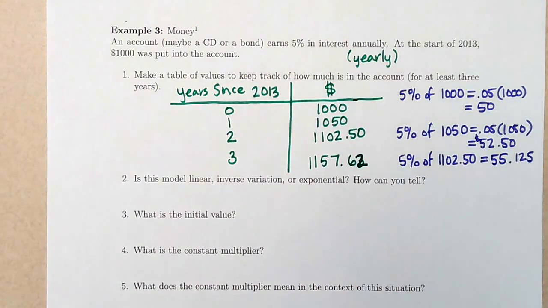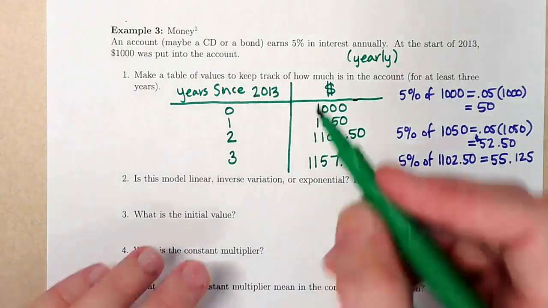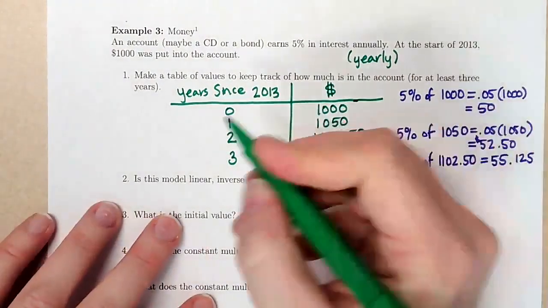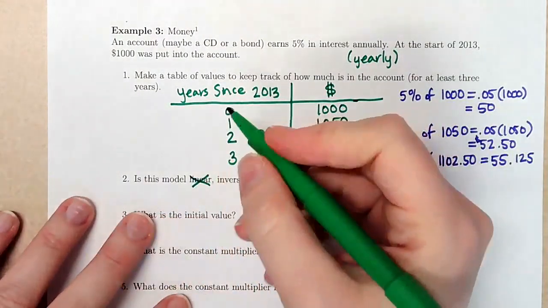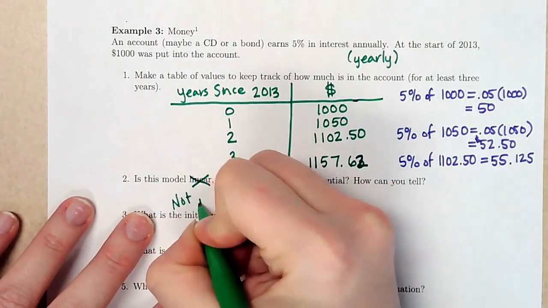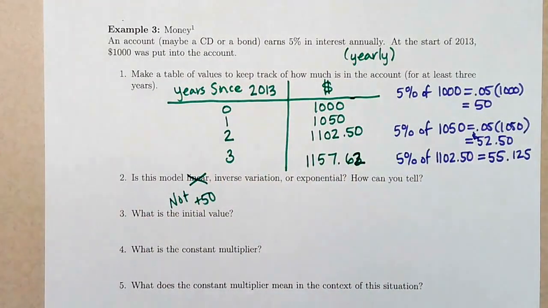It says, is this model linear? No. This would be plus 50, plus 50, plus 50. So not a plus 50 each time scenario. Is it inverse variation?